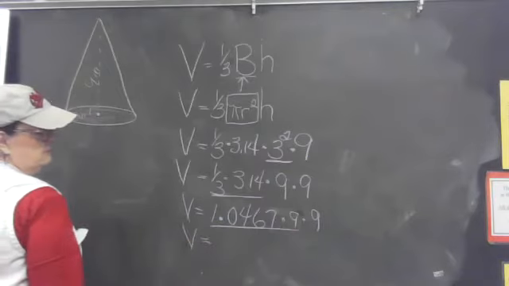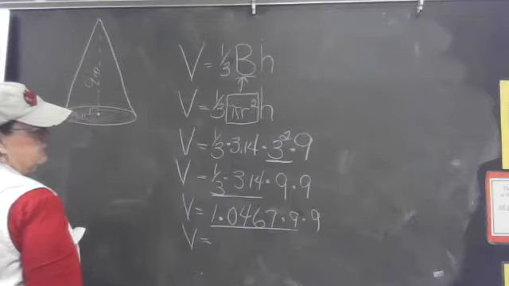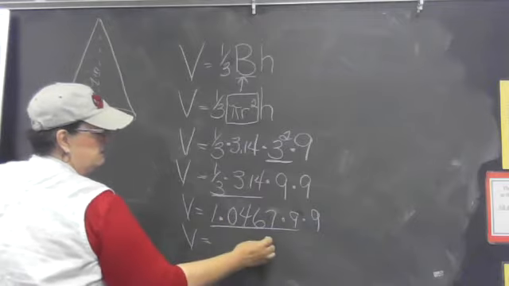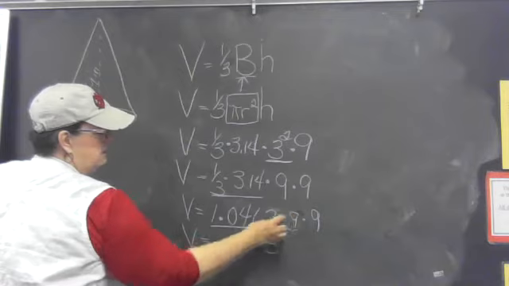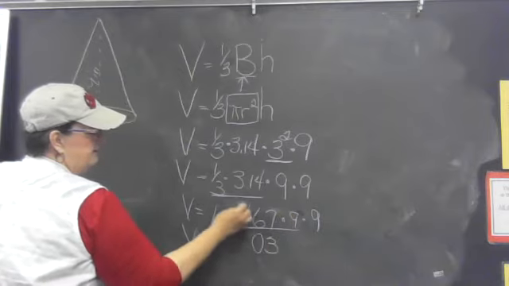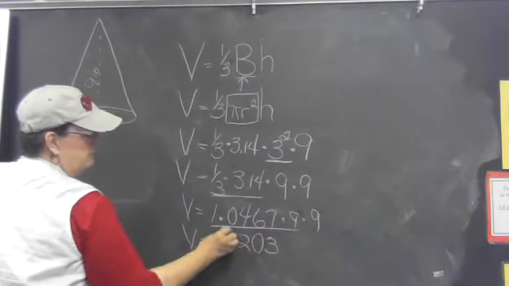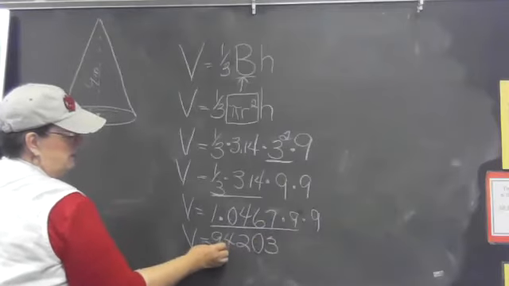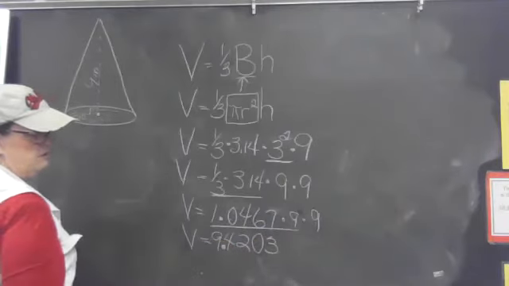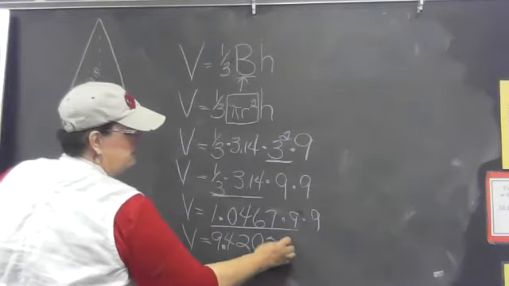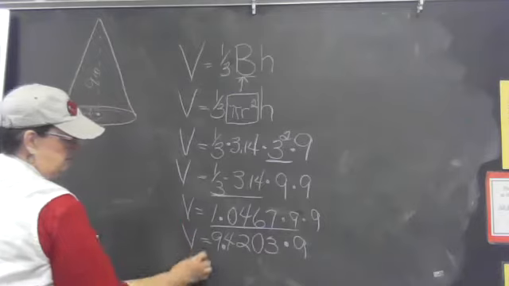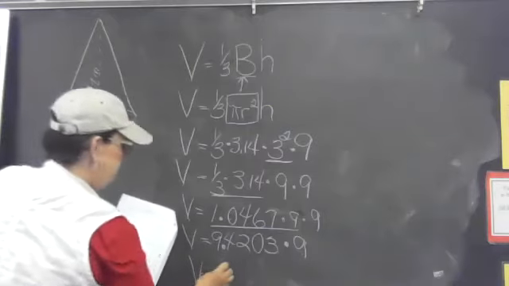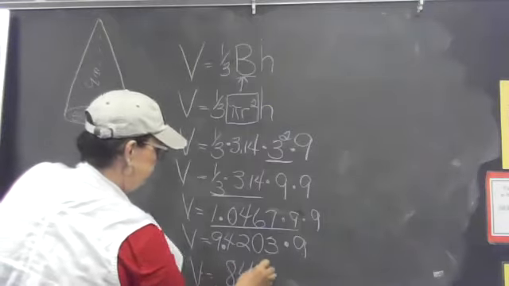It's 9.4203. Okay. Times 9. So the volume of this one, rounded to the nearest hundredth, is 84.78.